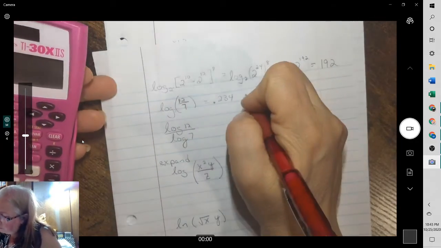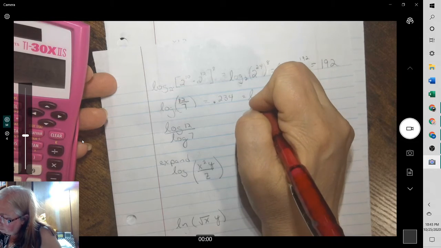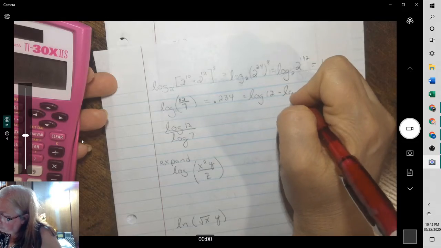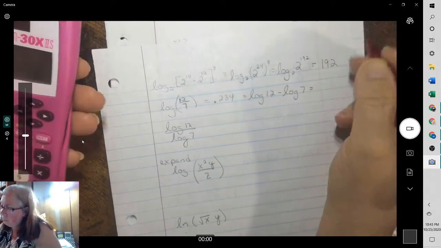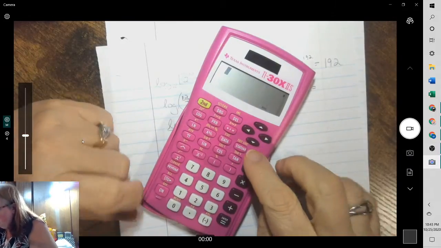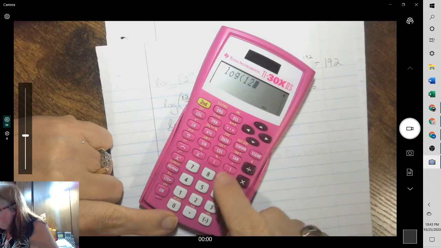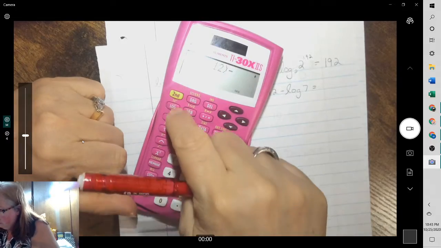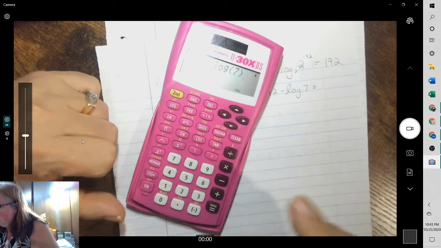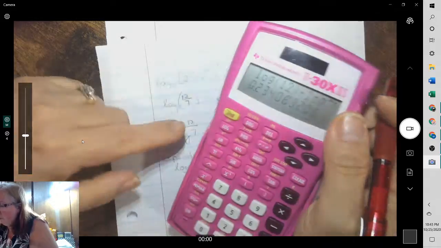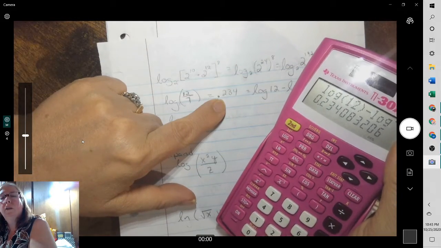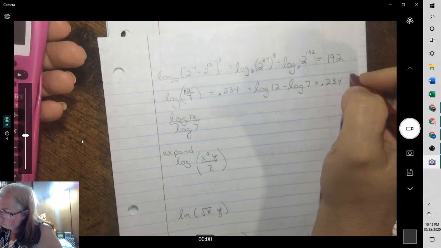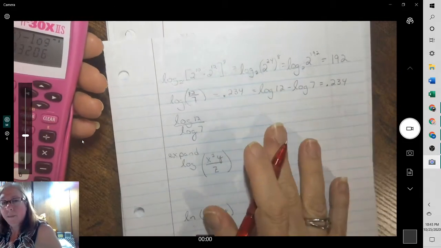Now this is the same as log 12, top one minus the bottom one. Notice if we do that, log 12 minus log 7, we get the 0.234. This is not the same.